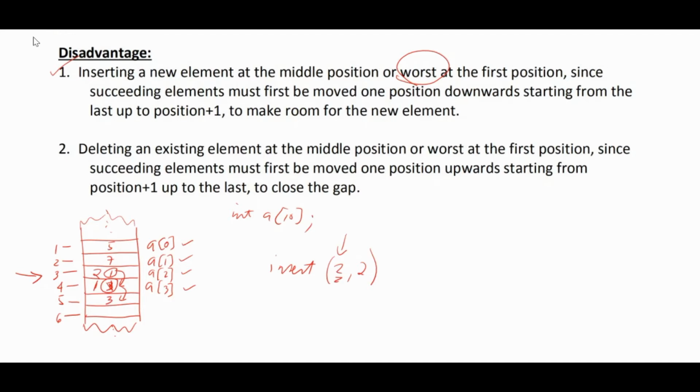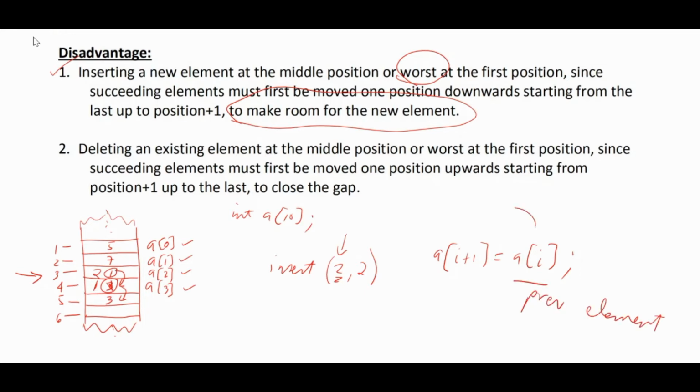Now, every time you move an element down to make room for the new element, that is one statement executed. So you would say A[I+1] gets A[I]. So this is the previous element.